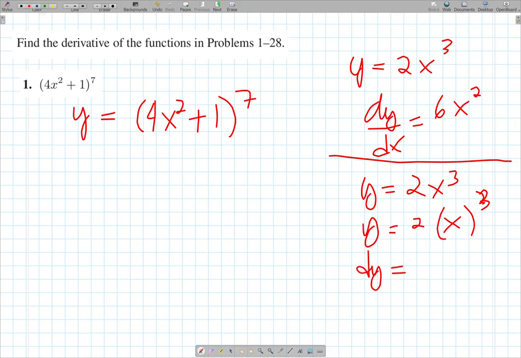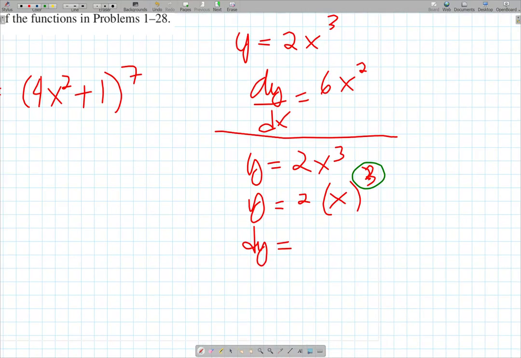If you derive this one, actually class, we have to derive first ang exponent, which is 3 times 2, 3 times 2 is 6. And then kopyahin ang x. 3 minus 1 is equals to 2.